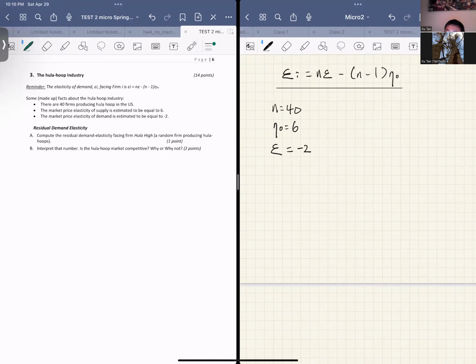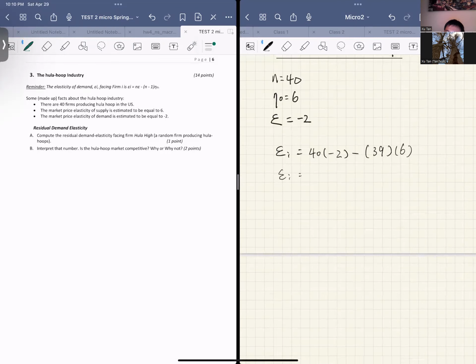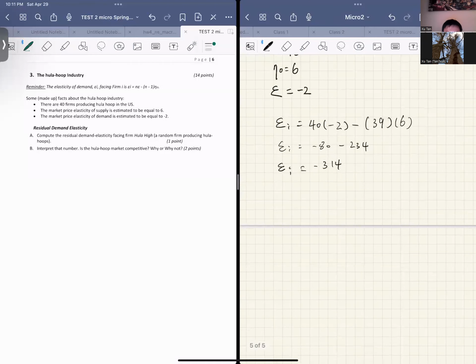It's all given. Now we just plug it in. So E_i equals 40 times 32 minus 39 times 6. So E_i equals 80 minus... equals negative 314. Okay. So this is the residual demand.